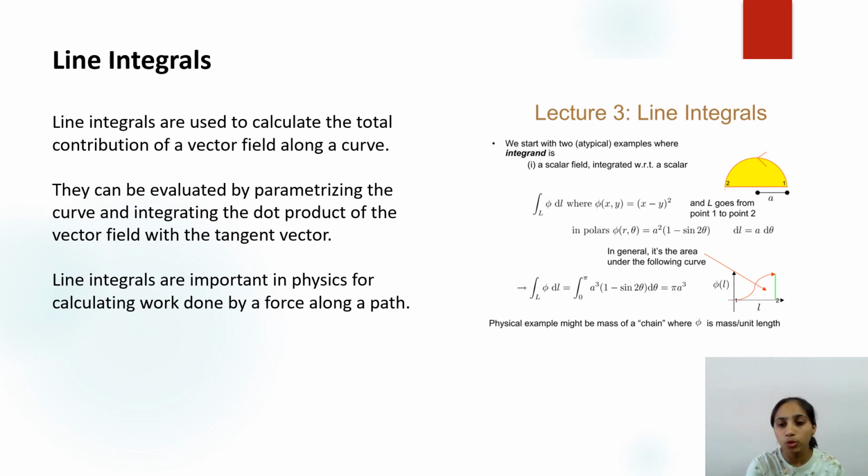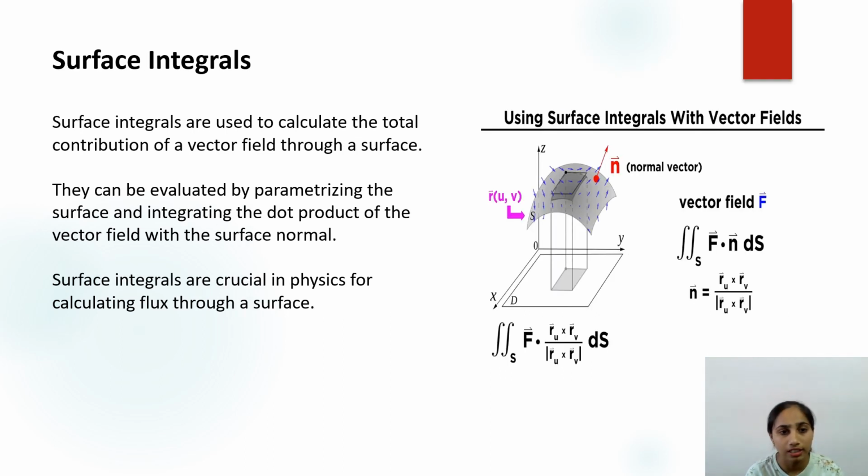Then we will move on to the next slide, that is surface integrals. Surface integrals are used to calculate the total contribution of a vector field through a surface. They can be evaluated by parameterizing the surface and integrating the dot product of the vector field with a surface normal. Surface integrals are crucial in physics for calculating the flux through a surface.